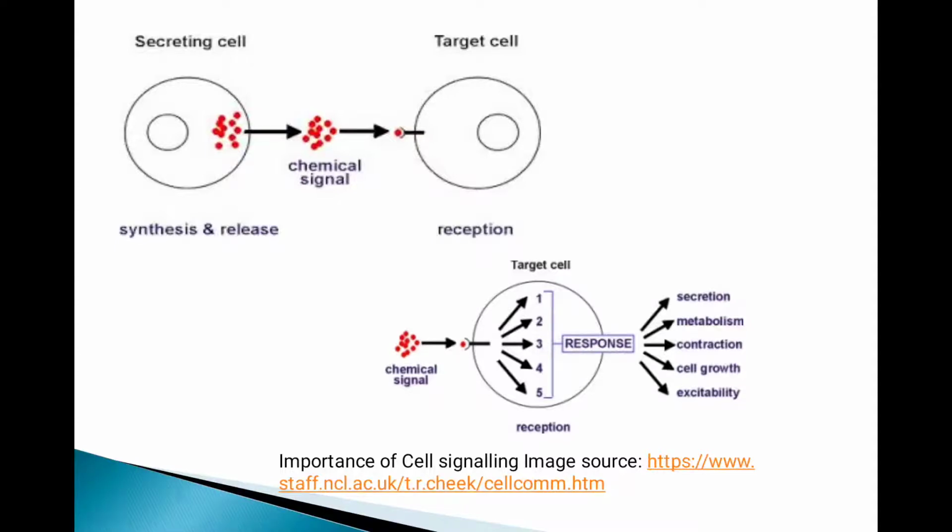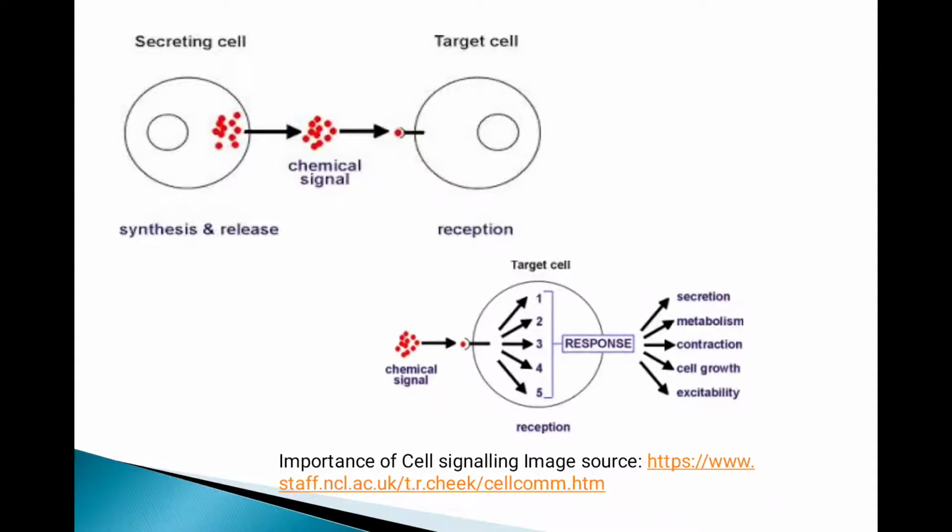The messages are conveyed through a special kind of chemicals called signaling molecules or hormones or chemical substances. The second diagram explains the importance of cell signaling. Here the chemical signals or signaling molecules are responsible for the secretions of other kinds of glands or hormones.